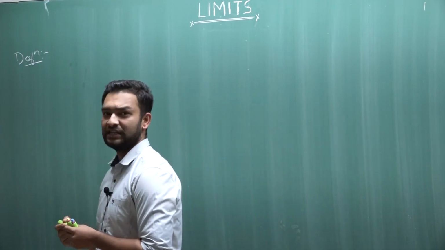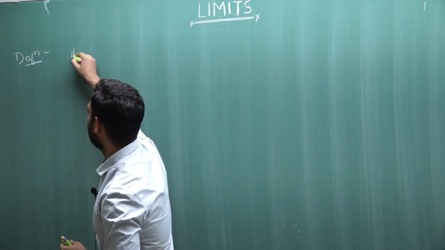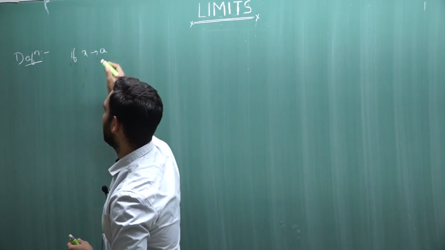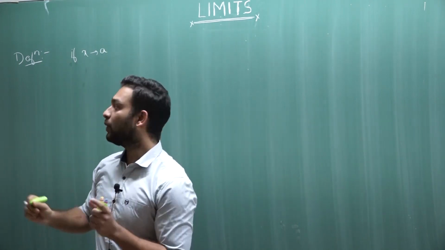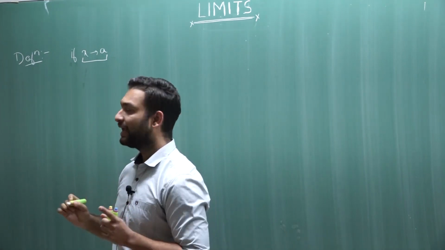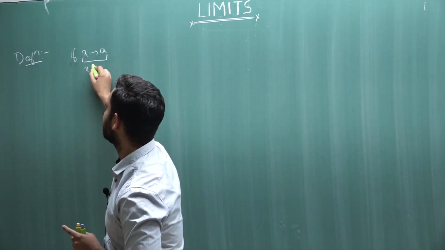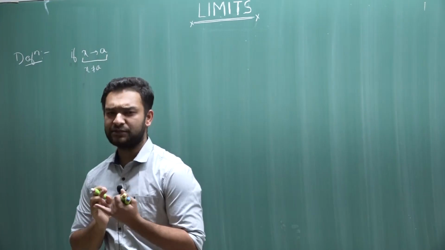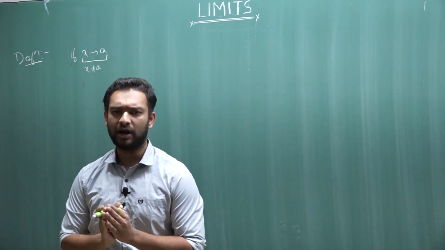So looking at the definition, it starts with if x tends to a. First of all, I want you to pay attention to this x tending to a. That does not mean that x is equal to a. This means x is very close to a but not exactly a.